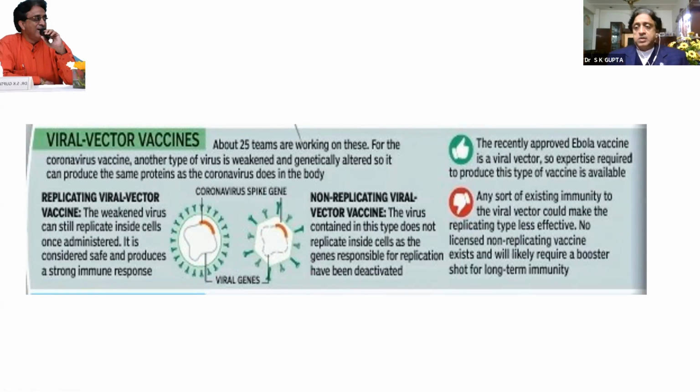The problem with these vector-based vaccines is that in case the human body already has antibodies against the vector, that is the adenovirus, it can cause issues and these vaccines might turn out to be ineffective. That has been the reason that the Oxford-based vaccine or the China-based vaccine, which I'm going to talk about recently, have suddenly become non-popular and have not been found to be very effective.